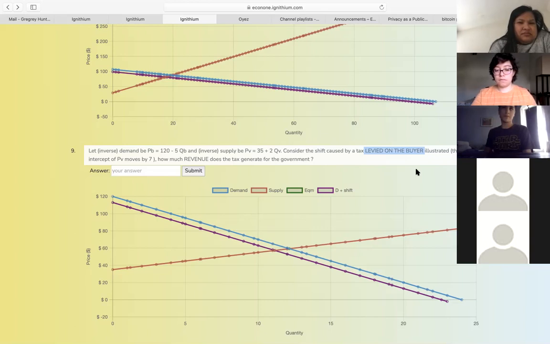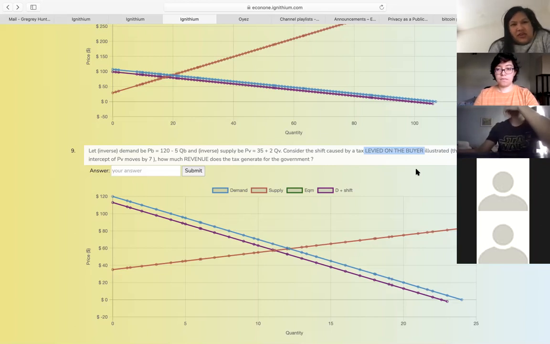Now, most taxes that you're familiar with and that I'm familiar with are levied on sellers. And that's just because administratively for the government, it's easier because there are fewer sellers than buyers, right? Imagine if everybody was buying stuff all the time and having to keep track of it and send the government checks. If that was happening all the time, it would just be chaos, right?